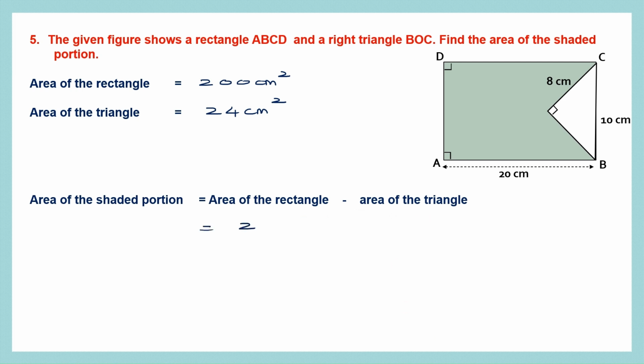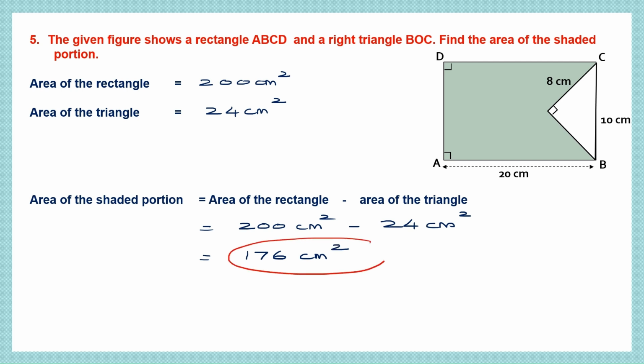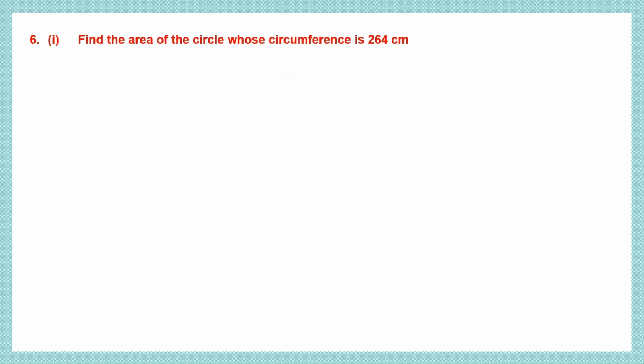That is 200 centimeters square minus 24 centimeters square. So subtract, 224, and your answer is 176 centimeters square. So this is the area of the shaded portion.